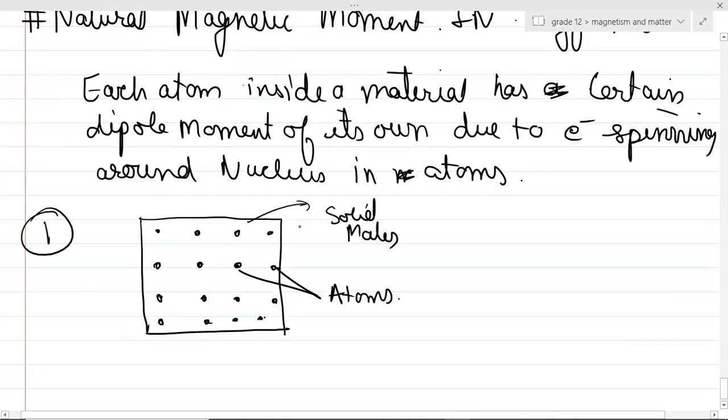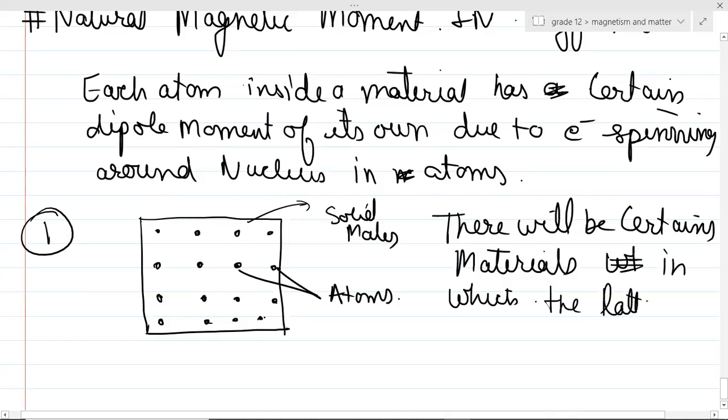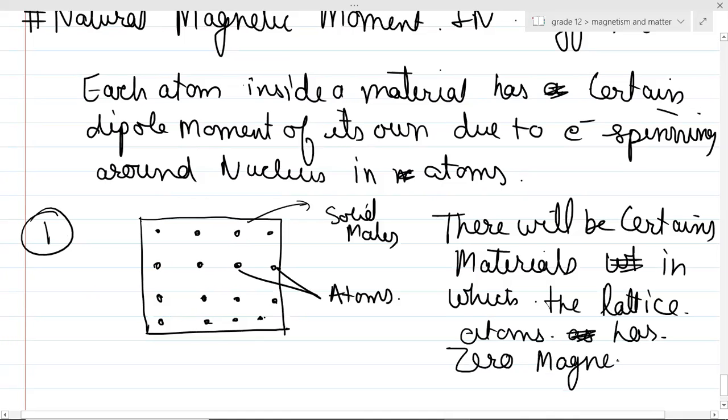There will be certain materials in which the lattice has zero magnetic moment. Yes or no? Can I say this?